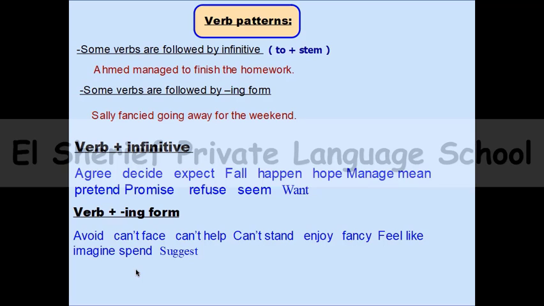We have the verb avoid, can't face, can't help, can't stand, enjoy, fancy, feel like, imagine, spend, and suggest. So all of these verbs are examples of verbs that are followed by ing.